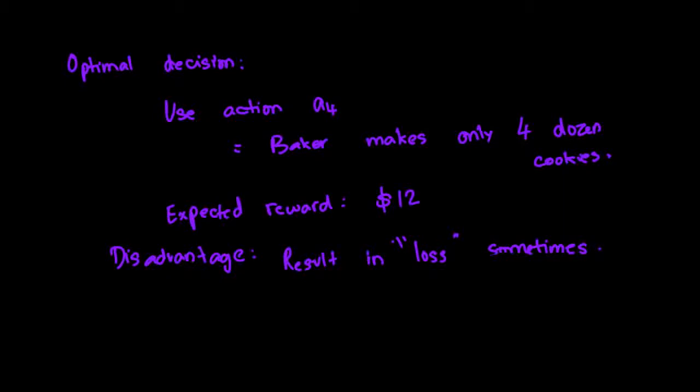Now, there is also a disadvantage with Maximax. The result here is loss. Not that the baker is going to lose on an opportunity. The chances are that the baker would actually lose money because he ends up making 4 dozen cookies. But what if a customer does not order 4 dozen cookies per day and you just get an order for 1 dozen cookie or 2 dozen cookies?